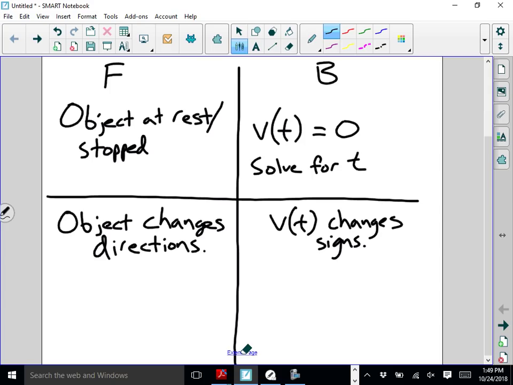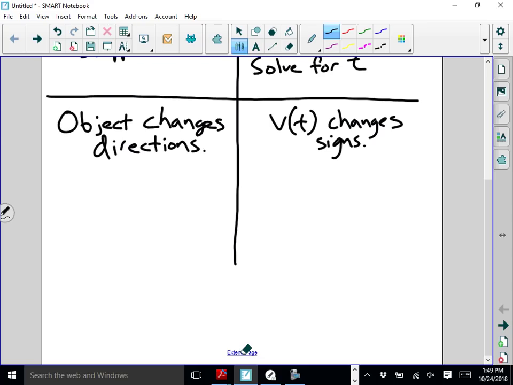Now, how could we know if v of t changes signs? Well, there's a couple of different ways here. On a graph, so let's say we have a graph of v of t, I'm looking for the object crossing the t-axis, aka the x-axis.